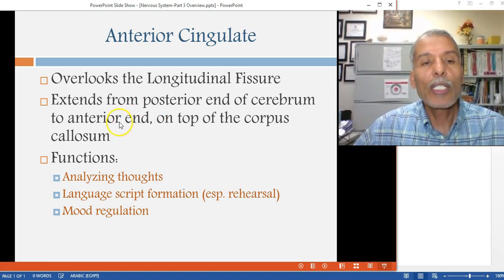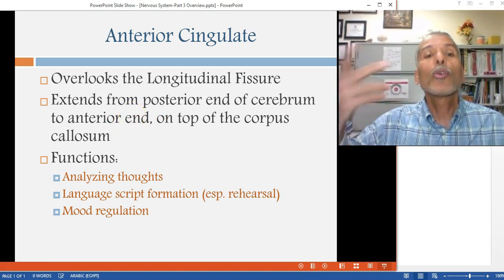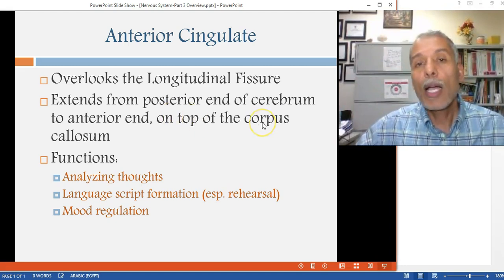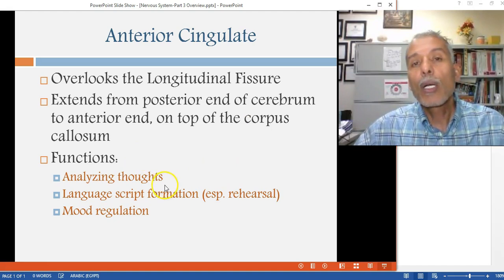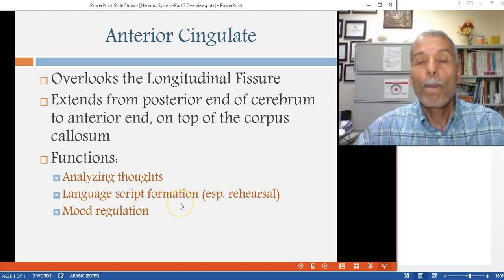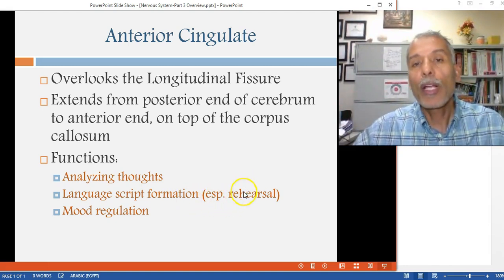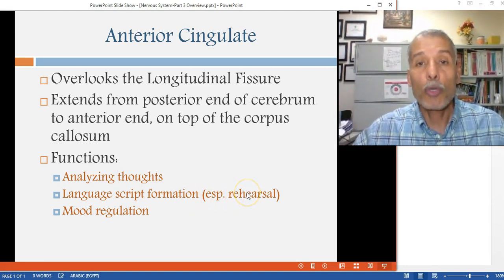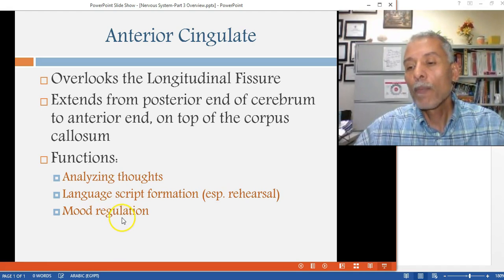So the cingulate gyrus extends from the posterior end of the cerebrum to the anterior end, and it lies superior to the corpus callosum. The functions include analyzing thoughts, processing language scripts with other areas, and rehearsing language scripts with other areas for motor production before you say what you want to say, and it also contributes largely to mood regulation.